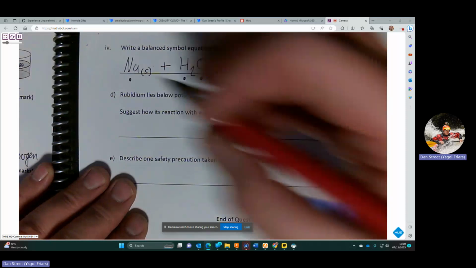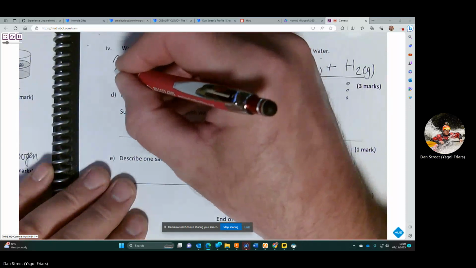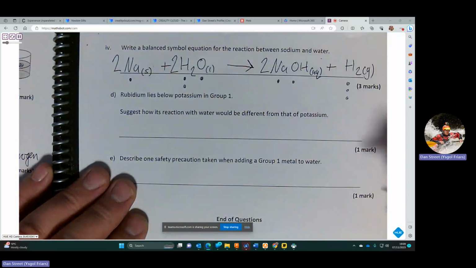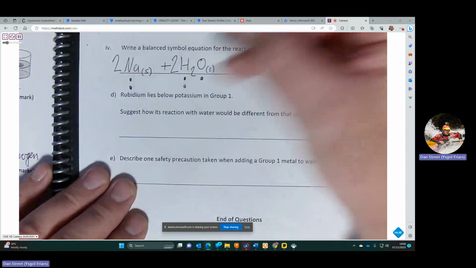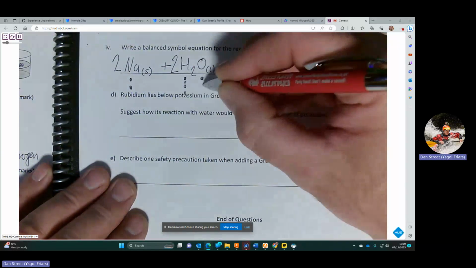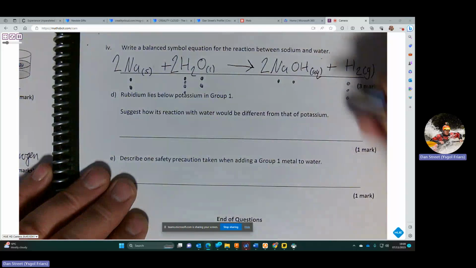So what we need to do is if we double this, this, and this, that will give us two sodiums. It will give us four hydrogens and two oxygens. Then we'll get two sodiums there.